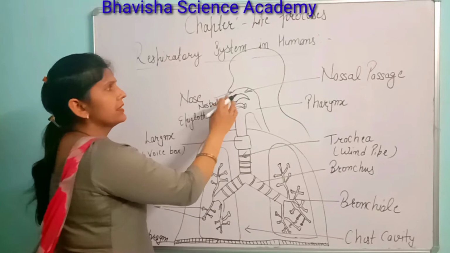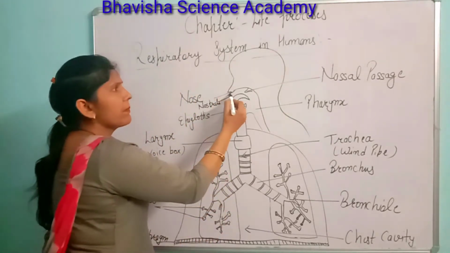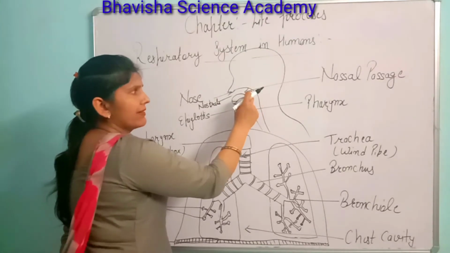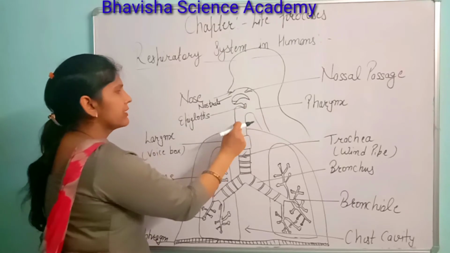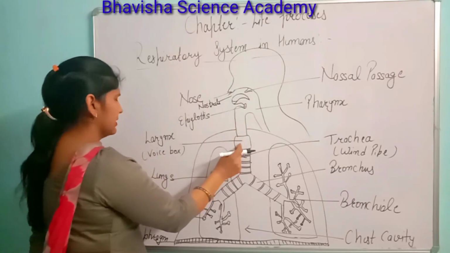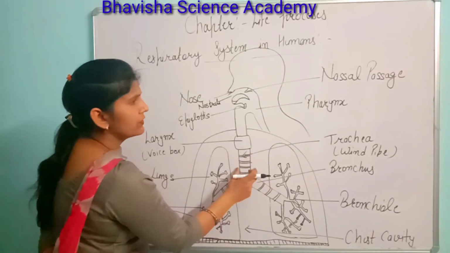When we are breathing, oxygen goes inside our body. It will be passed through the nasal passage. After that, the pharynx. Then it will be passed into the larynx. That is a windpipe, another name of which is trachea.